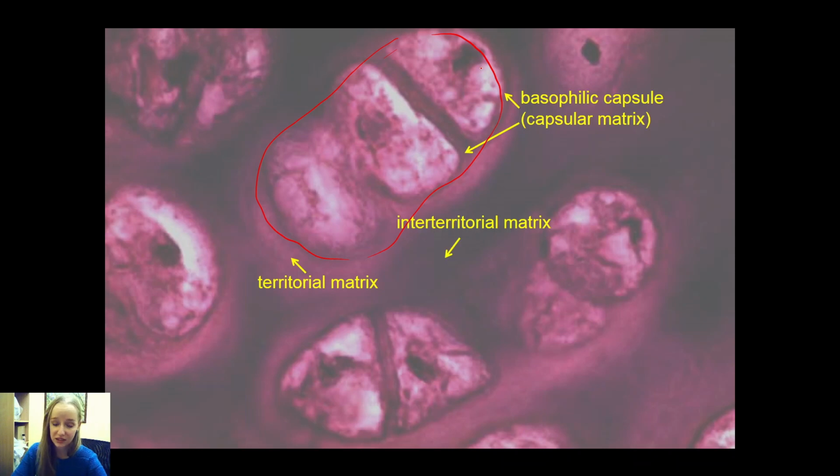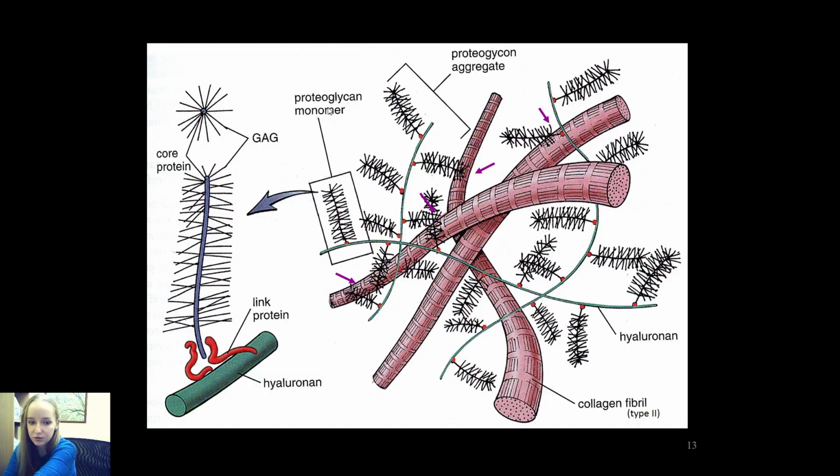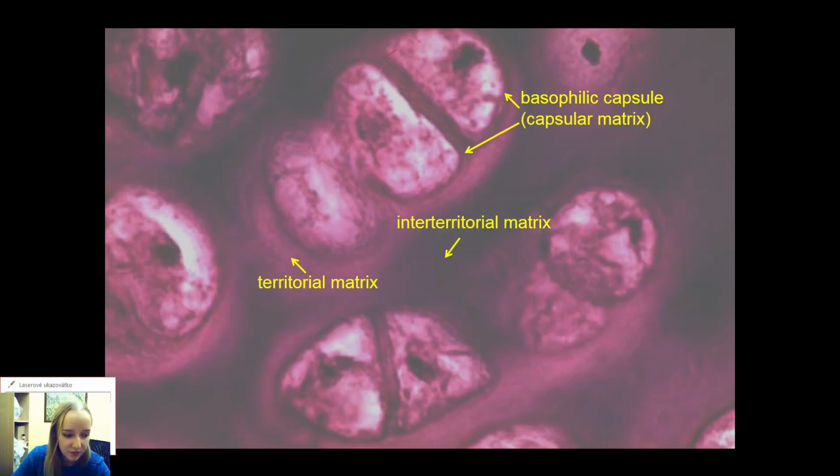We can see it in this section right here, and these chondrocytes right here, each of them contains a capsule. Oopsie, I'm so sorry. So there is a basophilic capsule around. Yeah.